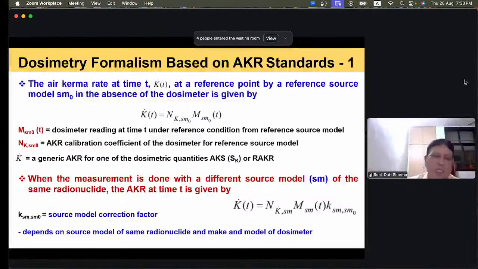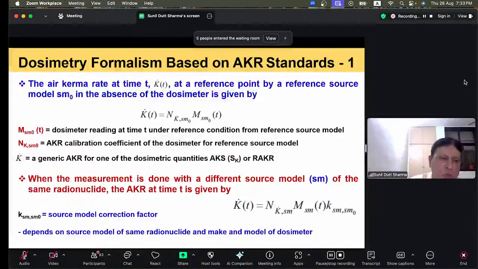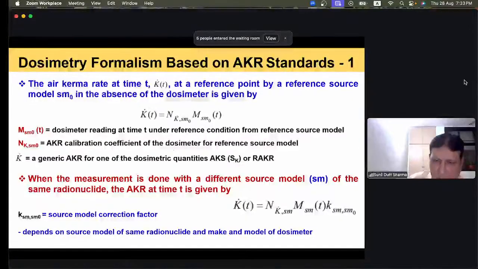And there is a table given by this report of the source model correction factor if a particular source is used as a reference source and another source is used as a test source of the hospital.